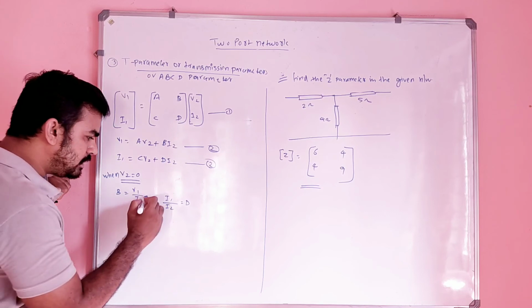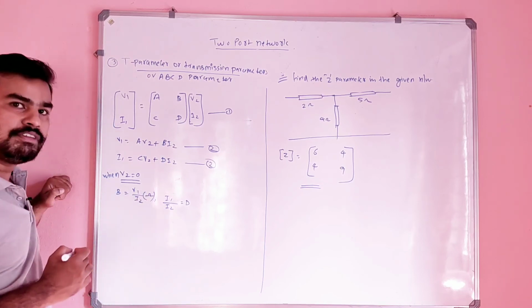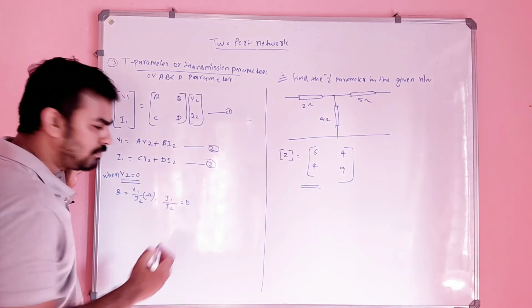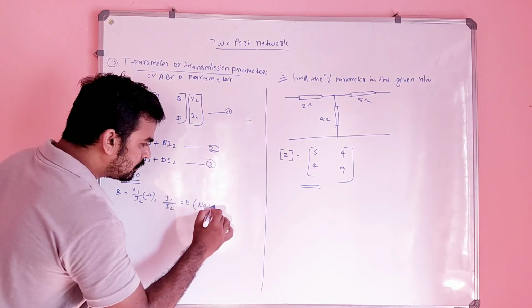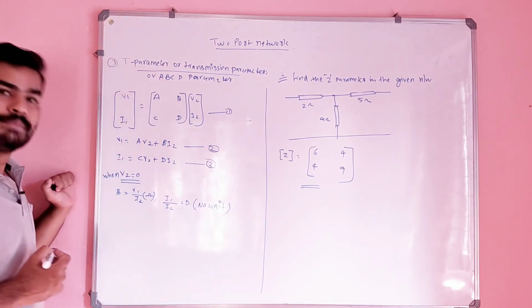V1 by I2 means its unit will be ohm, right? I1 by I2 has no unit. It's very important.